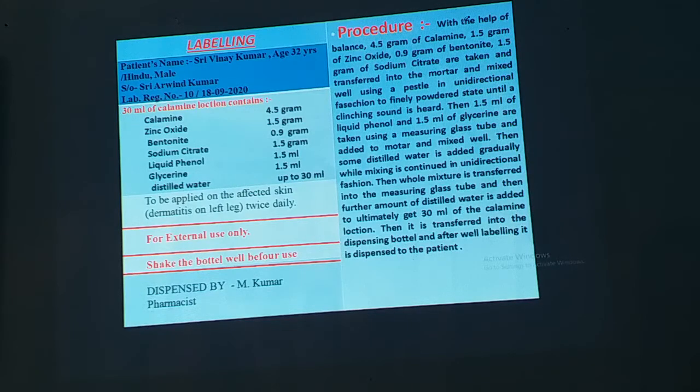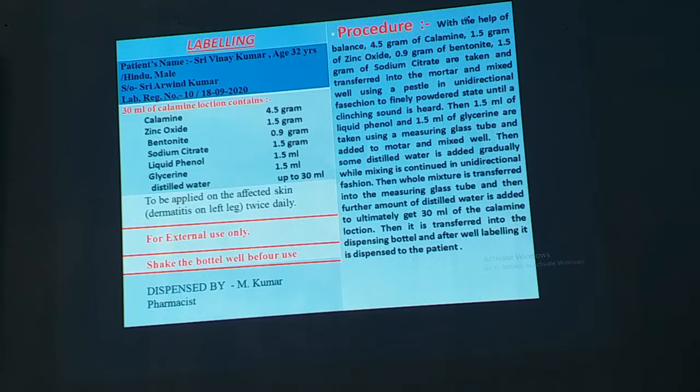Then 1.5 ml of liquid phenol and 1.5 ml of glycerin are taken using a measuring glass tube and added to the mortar and mixed well.